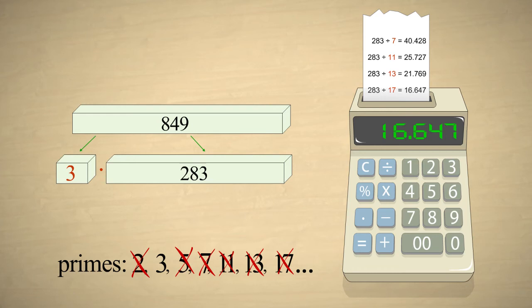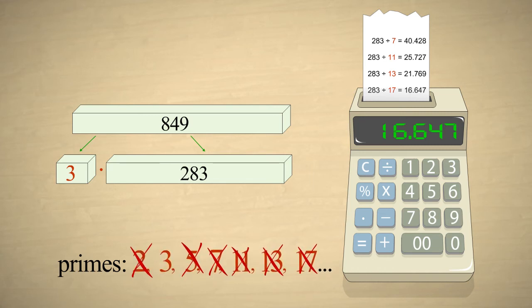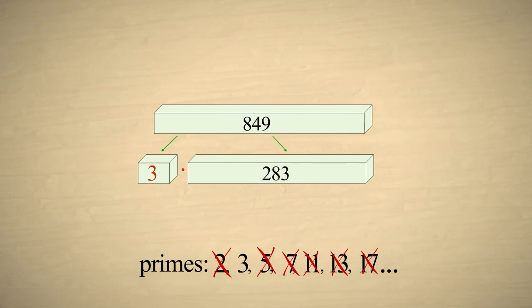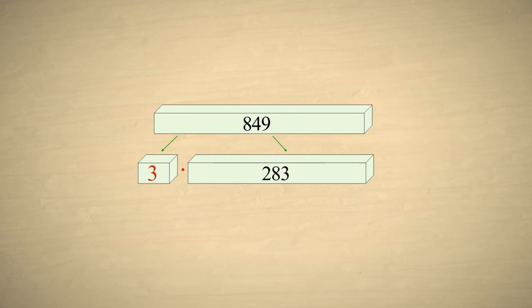We know that there are no more factors smaller than 17, because we have already tested them all. Therefore, we can stop testing. Since we can find no factors of 283, it must be a prime number. So 3 and 283 are the only two factors of 849.